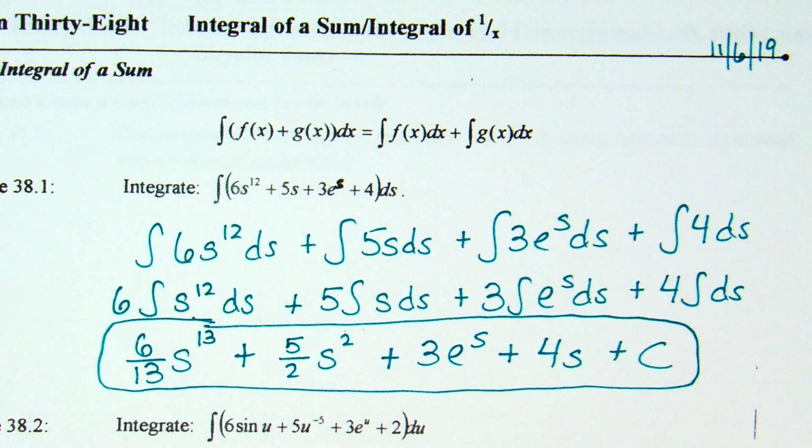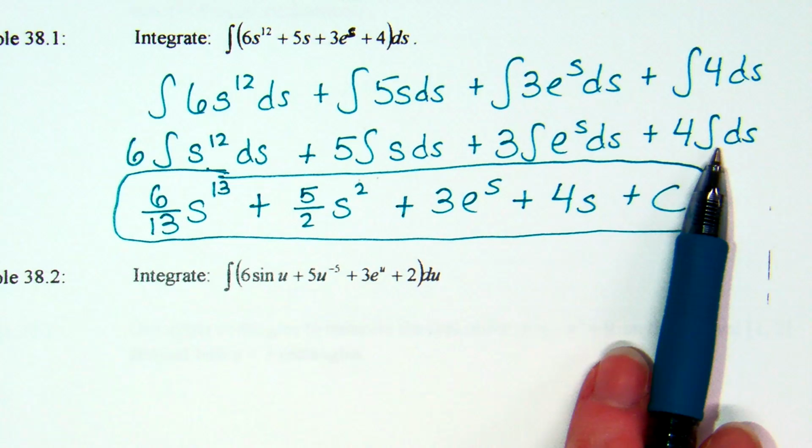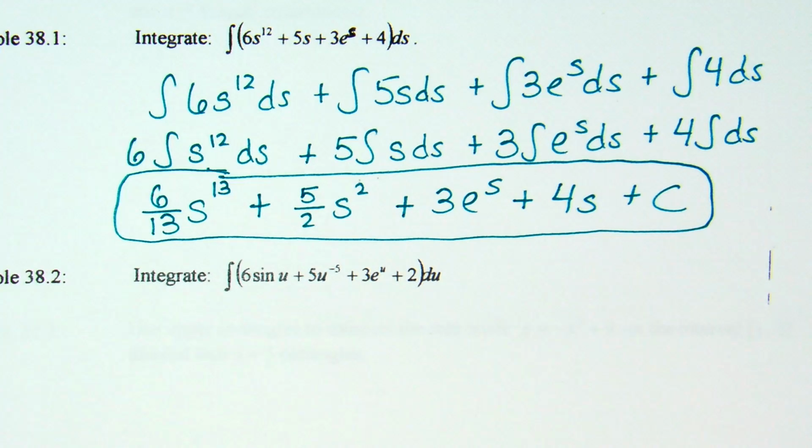Questions? Why did we have the s to the 4? Because right here, where there is no variable, when it's just a constant, you can think of that as 4s to the 0. Like 4 is the same thing as 4s to the 0. So if you add 1, it's now s to the first.